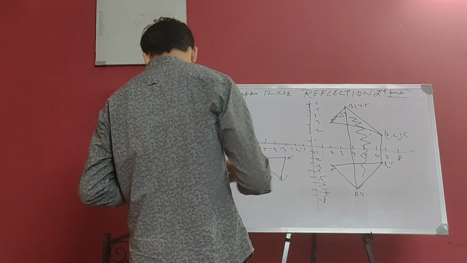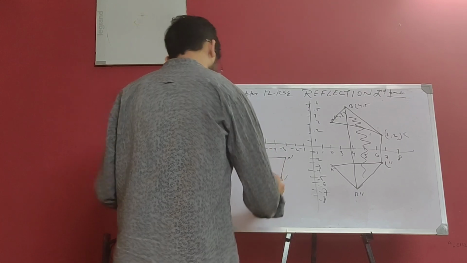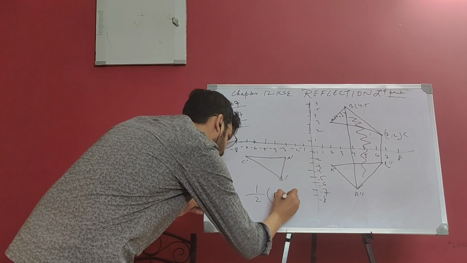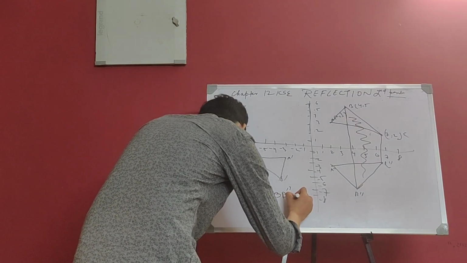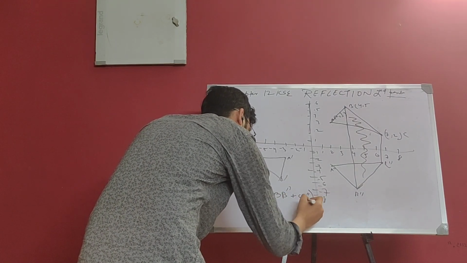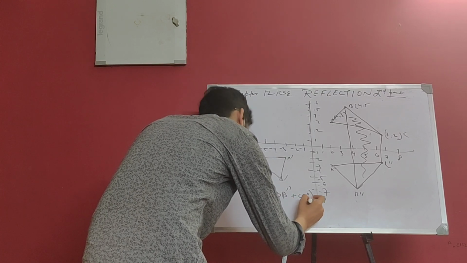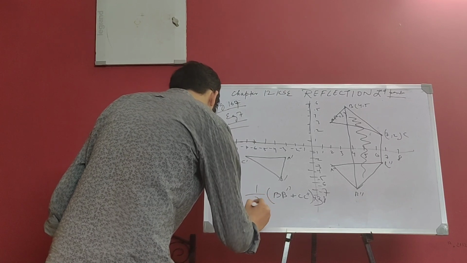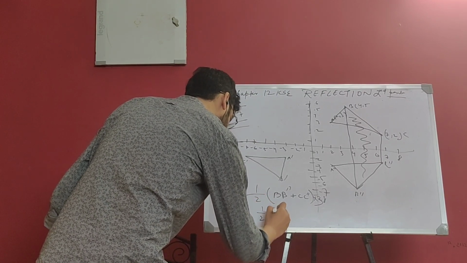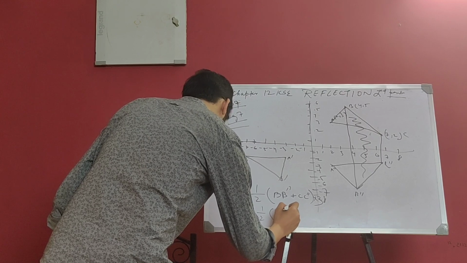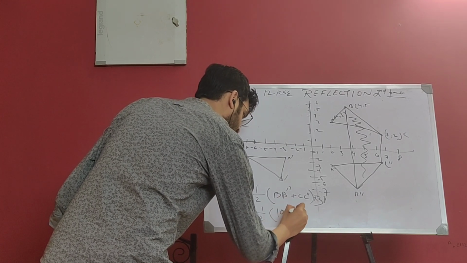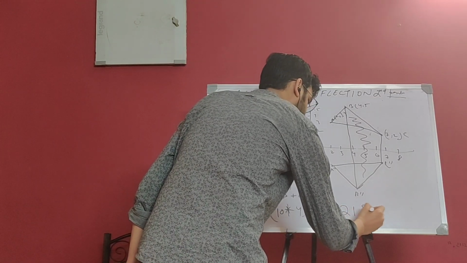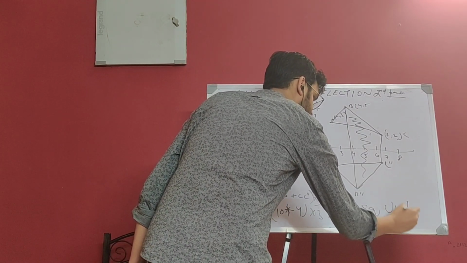We need to find the area of the trapezium. We can find area as half into BB double dash plus CC double dash into 3. This will be my formula. So half into 10 plus 4, into 3. So I get the final value as 21 square units.